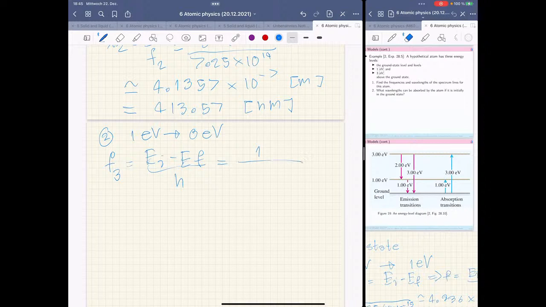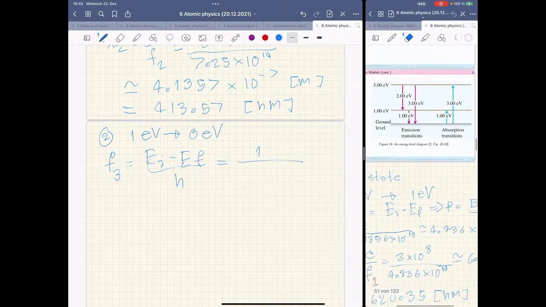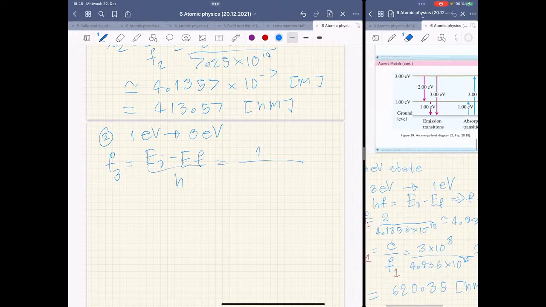Then you divide by the Planck constant, 4.1356 times 10 to negative 15, and you get 2.418 times 10 to 14 hertz.